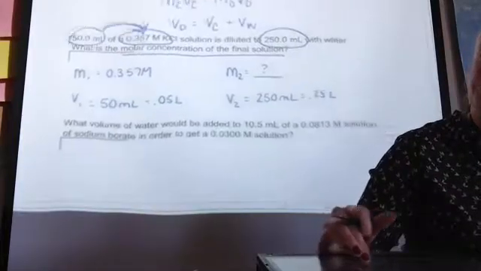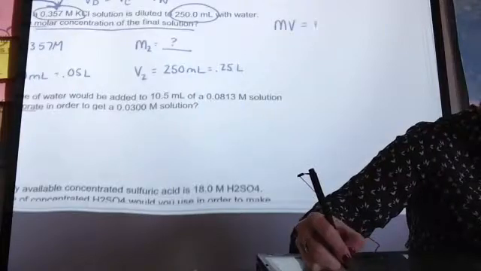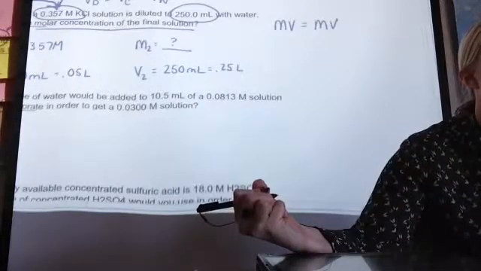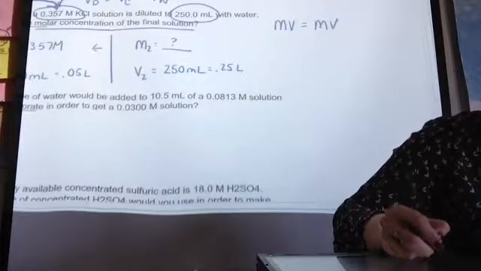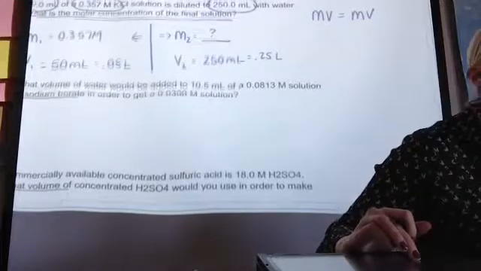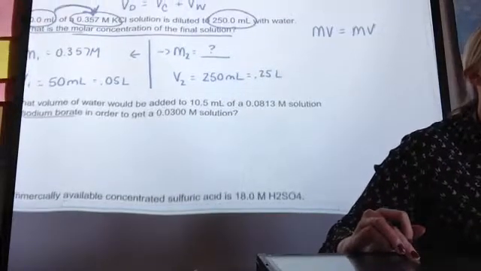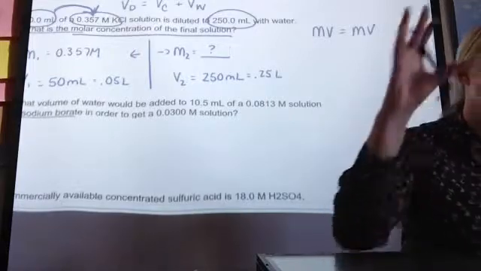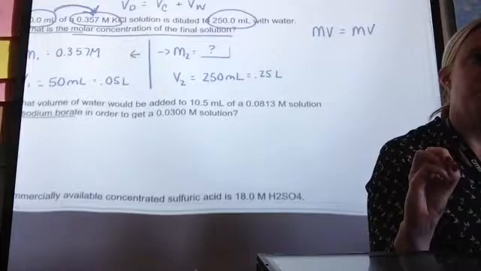So, I have MV equals MV. This goes on the left side, this goes on the right side. Doesn't matter if you call it concentrated or diluted or 1 and 2.